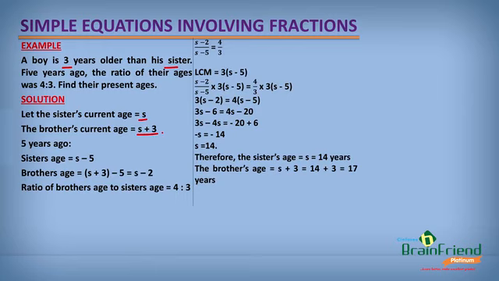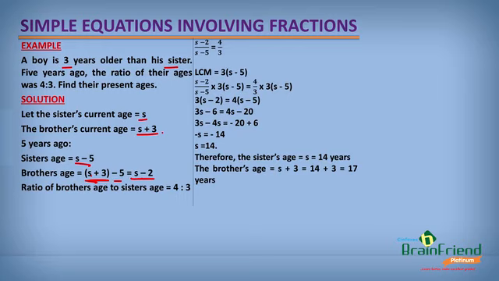So 5 years ago, from the second statement, the ratio of their ages was 4 is to 3. The sister's age 5 years ago will be S minus 5, that's her current age minus 5. And the brother's age will be his current age, S plus 3, minus 5. If we solve this, S plus 3 minus 5 will be equal to S minus 2.